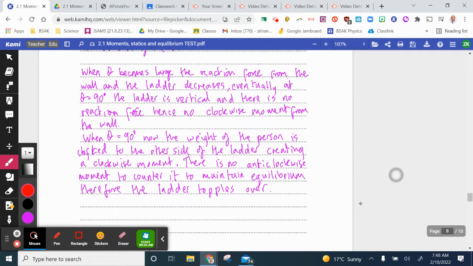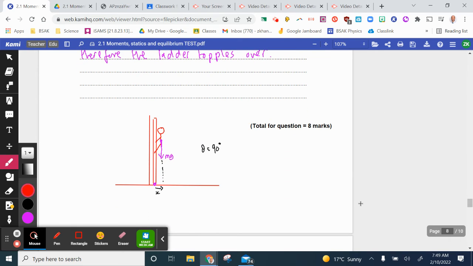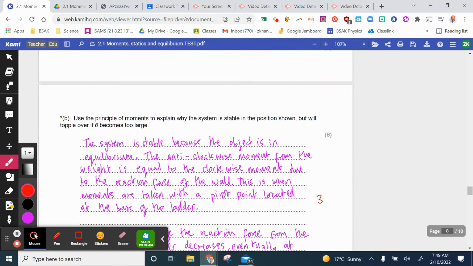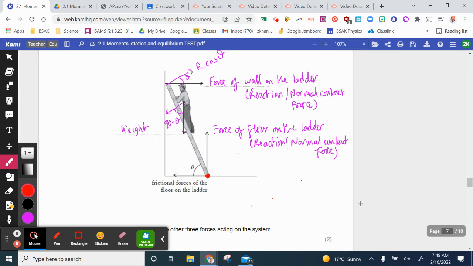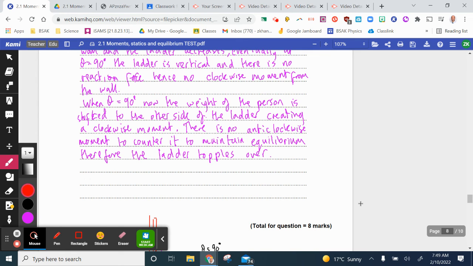So how do we write all this out? When theta becomes large, the reaction force from the wall on the ladder decreases. Eventually at 90 degrees, the ladder is vertical and there is no reaction force, hence no clockwise moment from the wall. Now the weight of the person is shifted to the other side of the pivot, on the right hand side compared to the left hand side before, creating a clockwise moment.